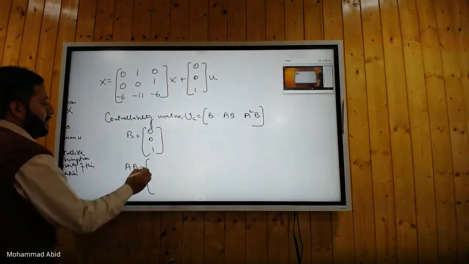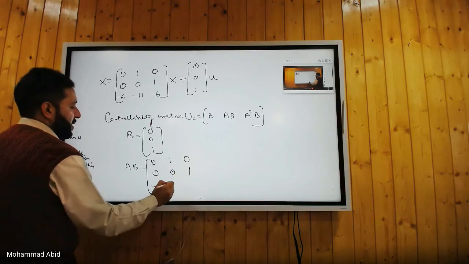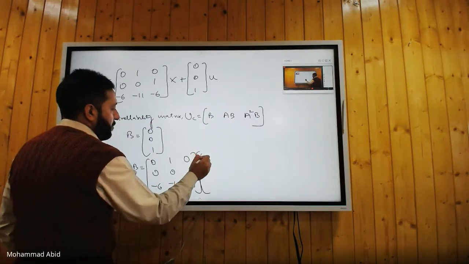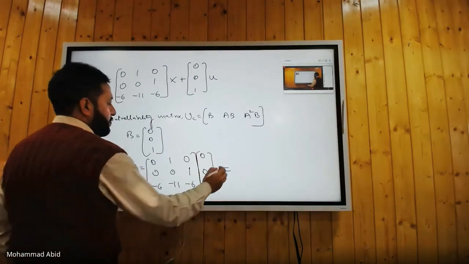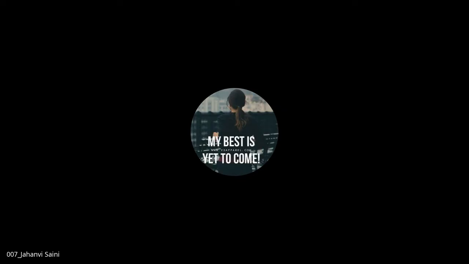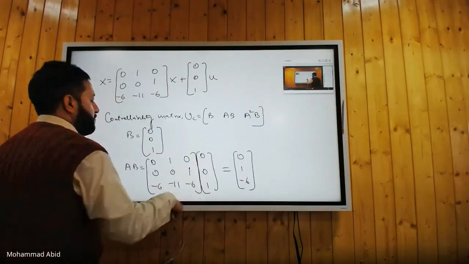AB means [0 1 0; 0 0 1; -6 -11 -6], and it's to be multiplied by [0 0 1]. So what will I get it as? So 0 1 minus 6. This is the second column of this, है ना?